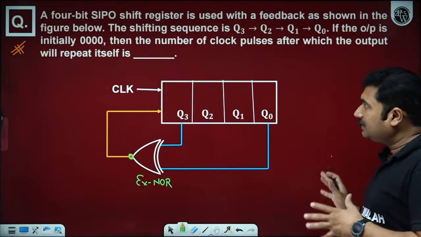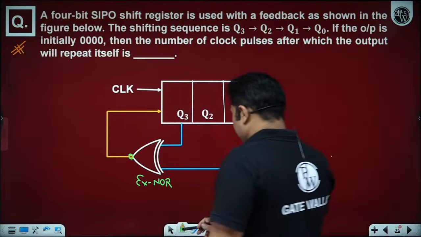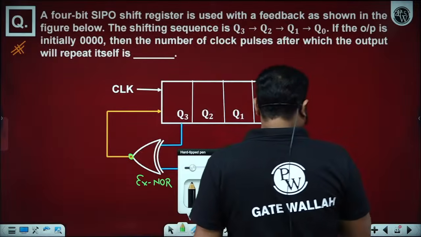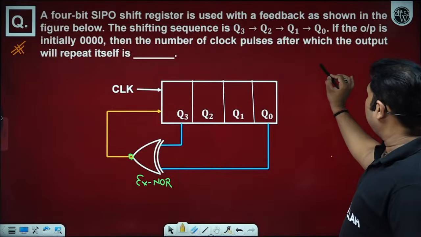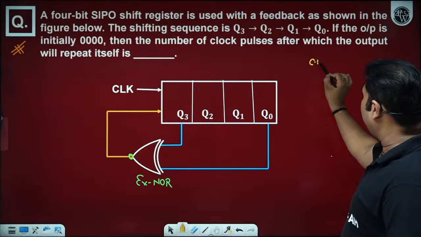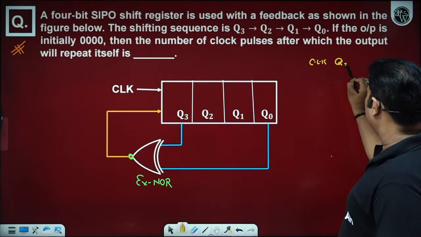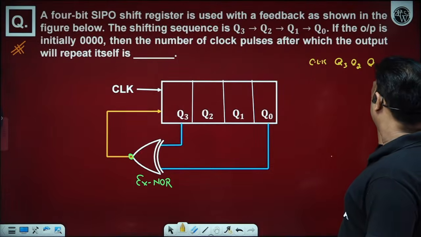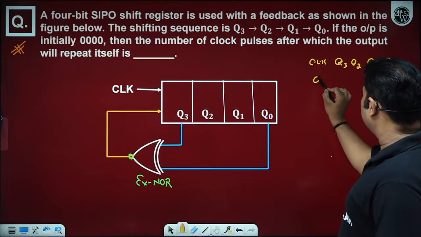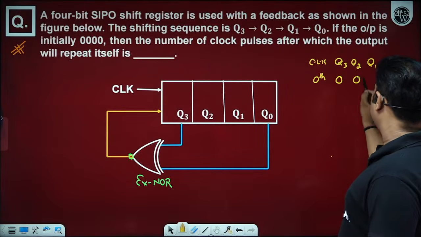If we talk about this, after how many clock pulses would the same data appear? So initially, what is your data on the 0th clock pulse? I am creating a clock here. We have Q3, Q2, Q1 and Q0. Initially on the 0th clock pulse, we have data 0, 0, 0, 0.